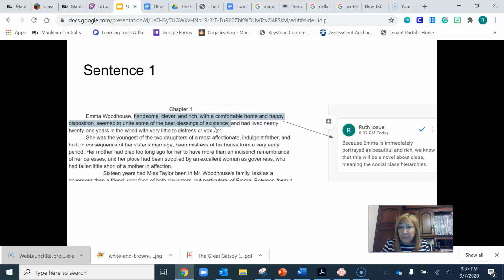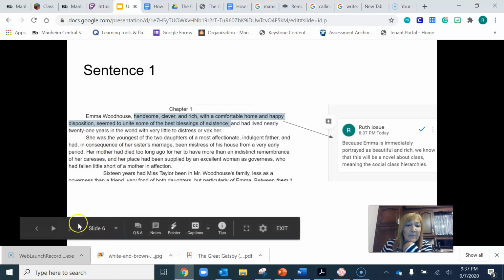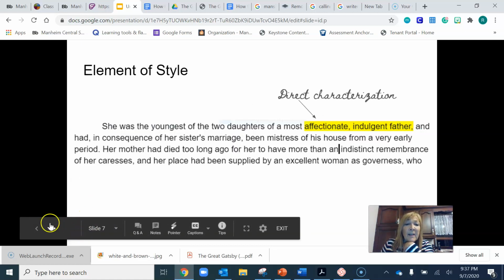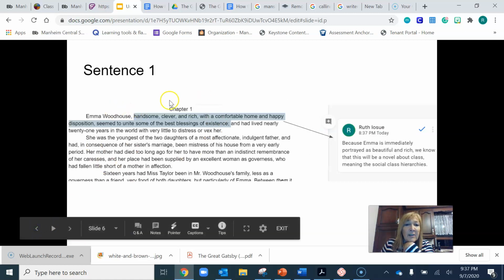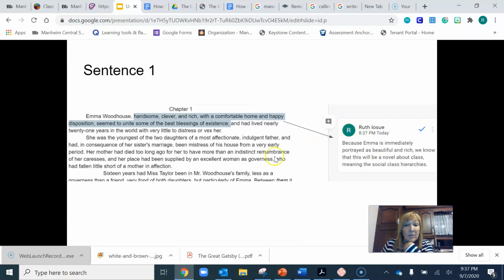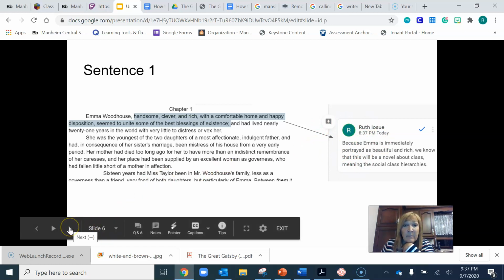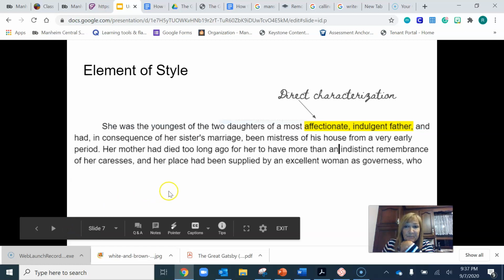And we know, because she's being portrayed at the top of the social heap, that there is going to be strata beneath that, and thus we have that class hierarchy developed. So on this slide you see one of the motifs. Class structure will be a theme that we're going to be looking at in this book.